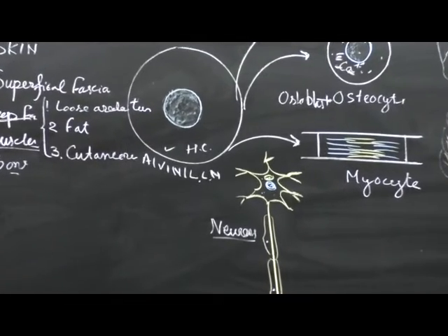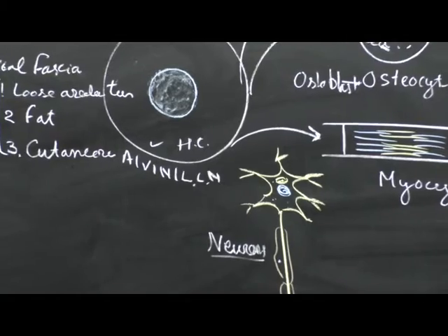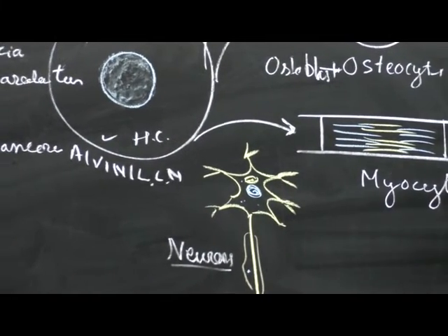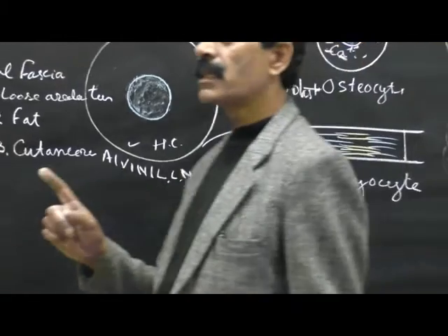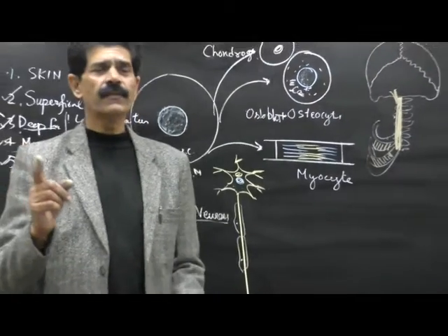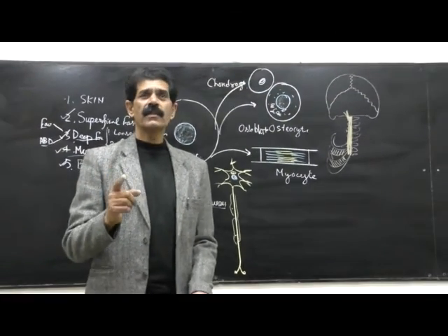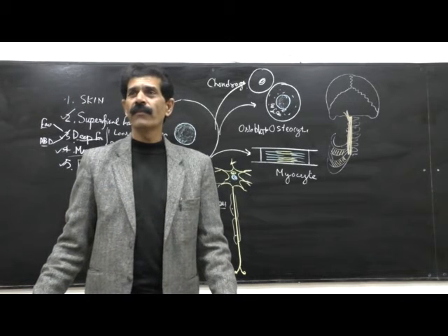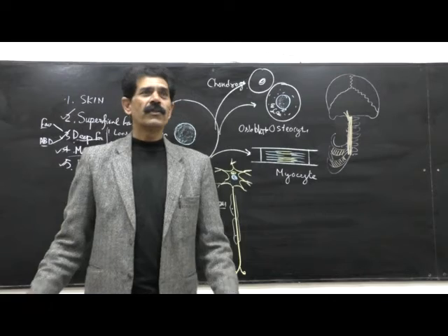Then what is the other reason why it is not dividing by mitosis? The reason is something different. The first step of mitosis is the prophase. What happens in the prophase? That is absent.